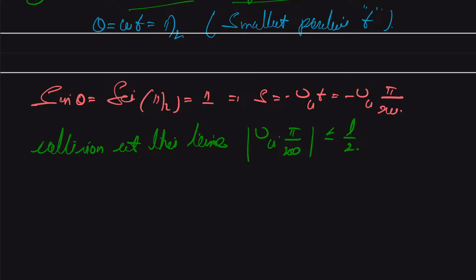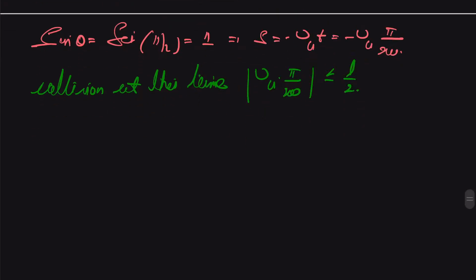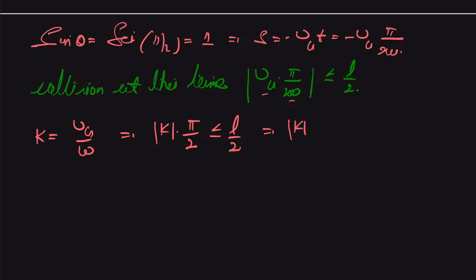And now we come to the ratio K, which we have already derived. Therefore, we can say that ratio K is our Vg upon omega. So we can combine this Vg and omega. We get this as our K, and we have pi by 2 is less than or equal to L by 2, which gives us that value of K should be less than or equal to L upon pi.